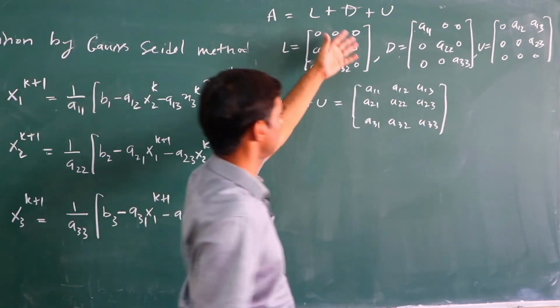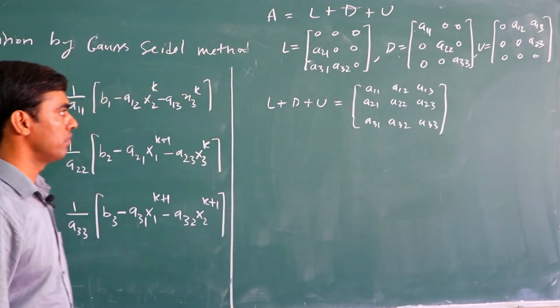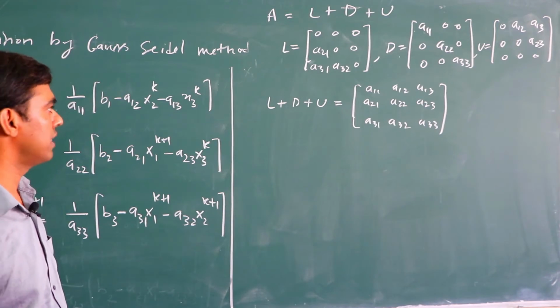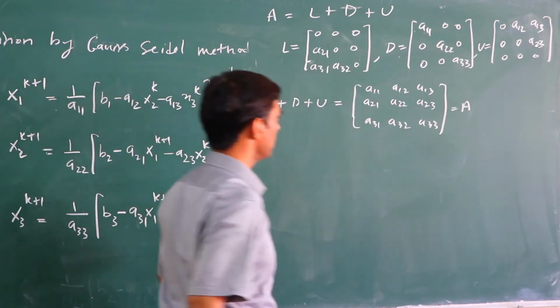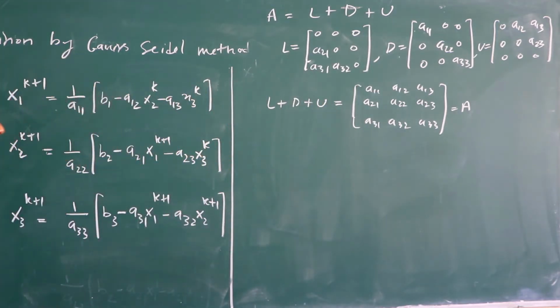So simply adding, we find the matrix A. Now, we use these values L, D, U.